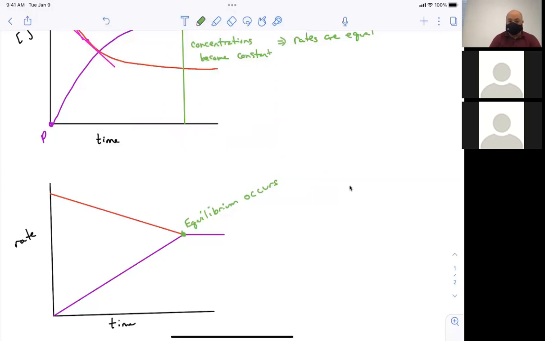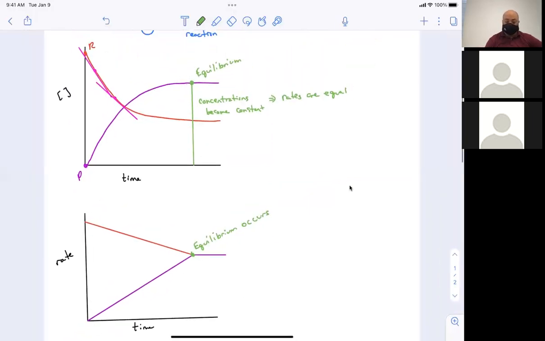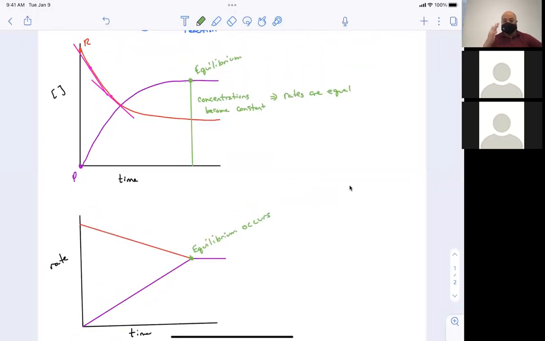That's what they're trying to show. Okay. But notice there are differences in these graphs here and how they look and how equilibrium position is determined based on these two graphs. Okay. Questions? Okay.